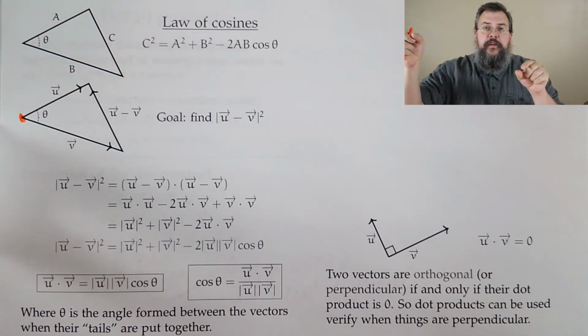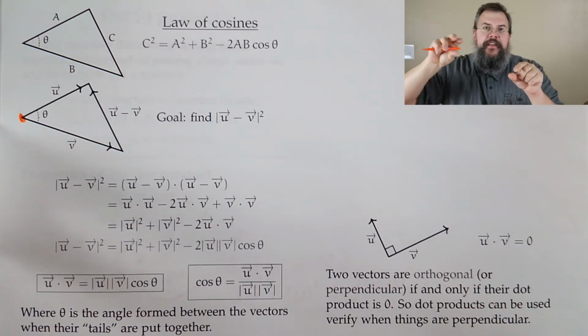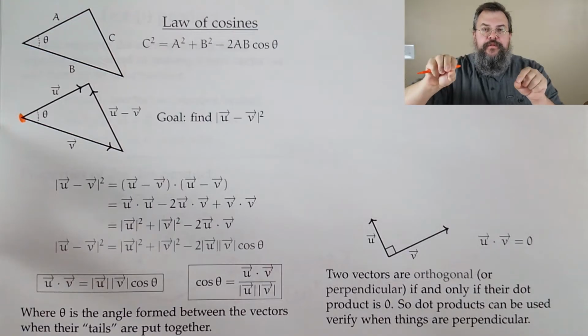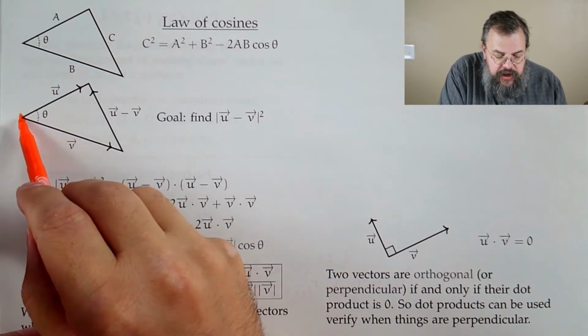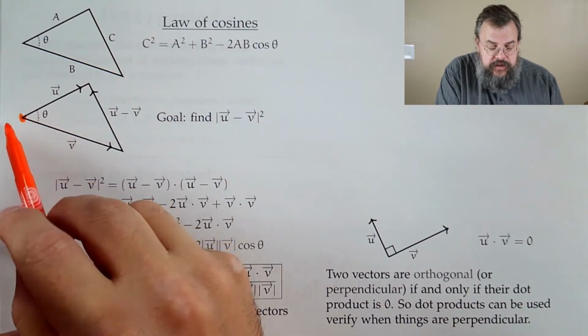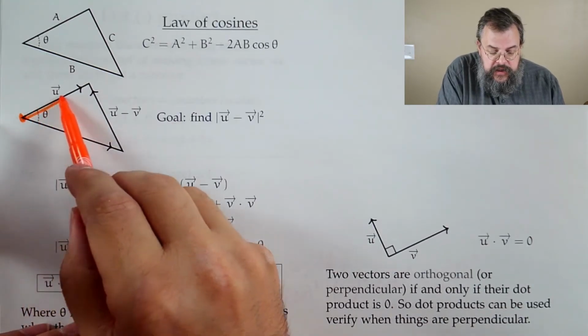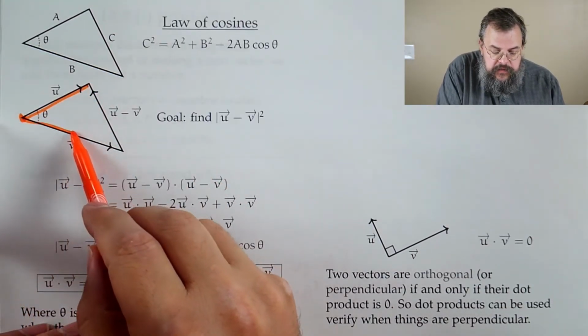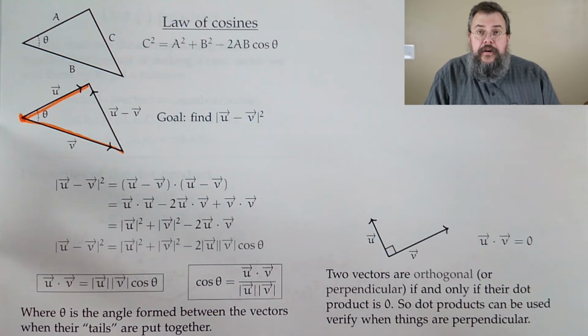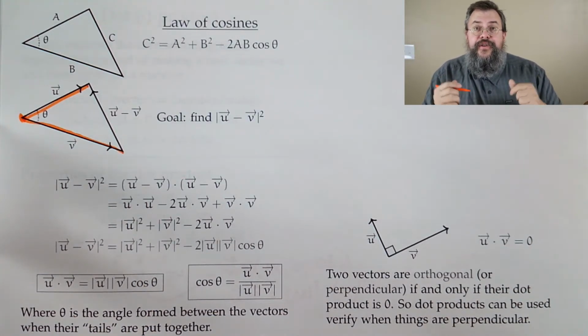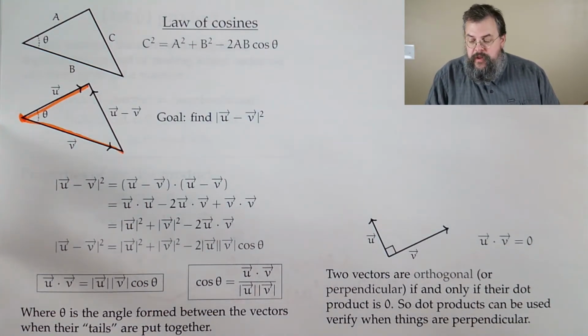Just be careful because the ends can be sharp. But okay, we're going to move our vectors so that the tails, or the starts, of the vectors are in the same place. So I have a vector u and a vector v. And now that's two sides of a triangle. We can find our missing side.